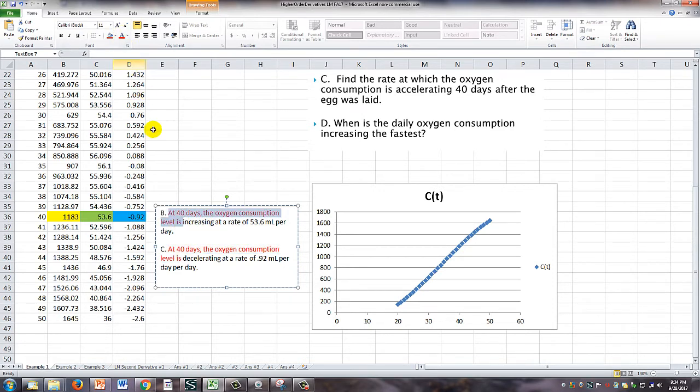And I always want you to use the word decelerating or accelerating when you're interpreting the second derivative. Some people make an argument that you don't have to, but in this class I want you to use the word accelerating or decelerating. And then you always want to have a per day, or whatever your X unit is, per minute, per item. Always have that. You could say per day squared, but usually people prefer to just say per day.